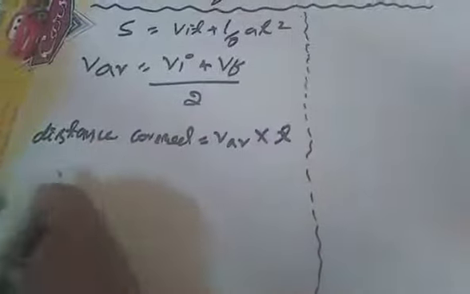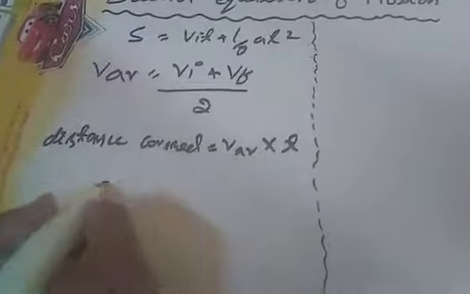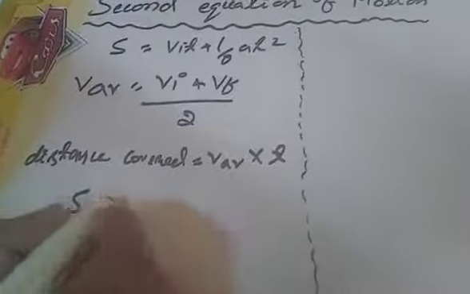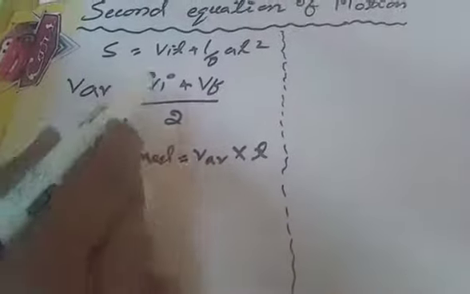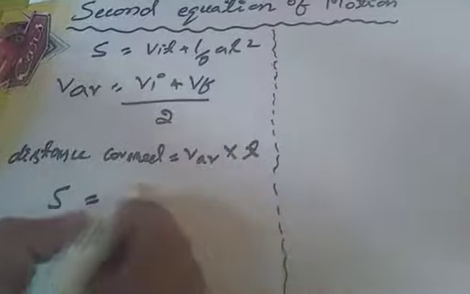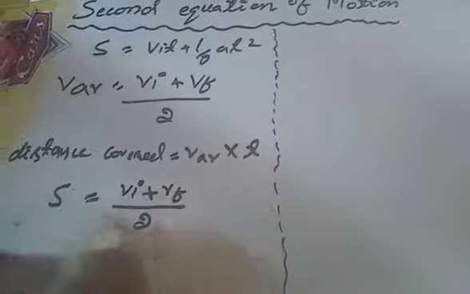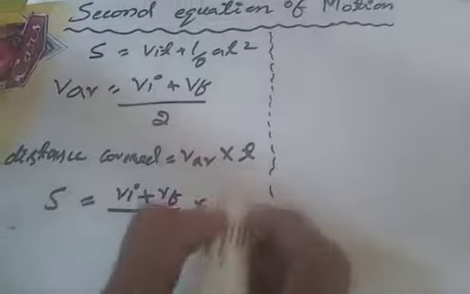The distance covered is denoted by S, so S = Vav t. Since Vav is equal to (Vi + Vf)/2, we put the value of Vav in this formula: S = (Vi + Vf)/2 times t.